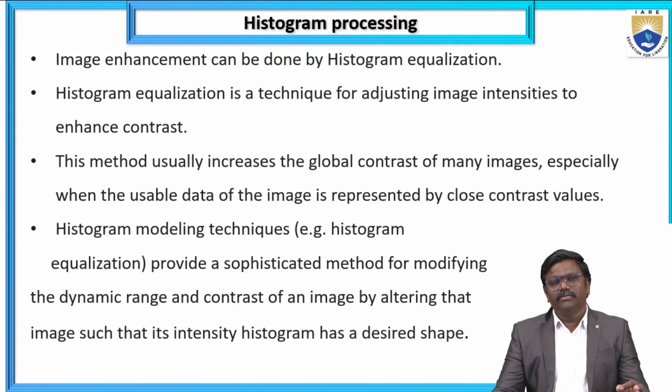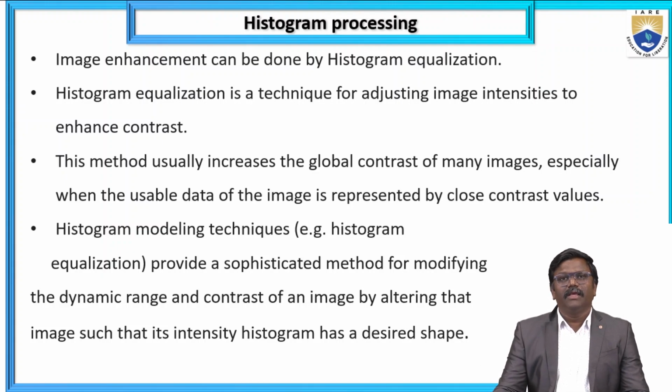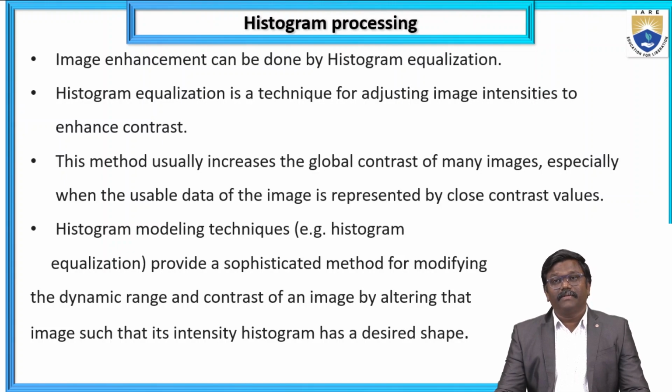This histogram equalization is a technique for adjusting image intensities to enhance contrast. This method usually increases the global contrast of many images, especially when the usable data of the image is represented by close contrast values.